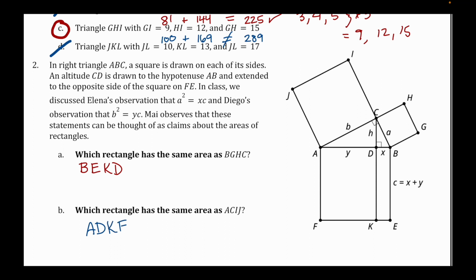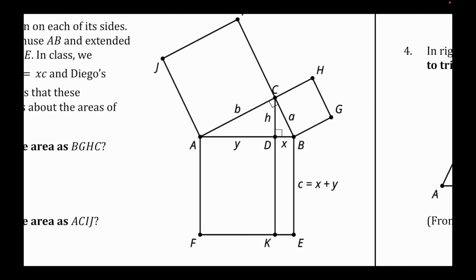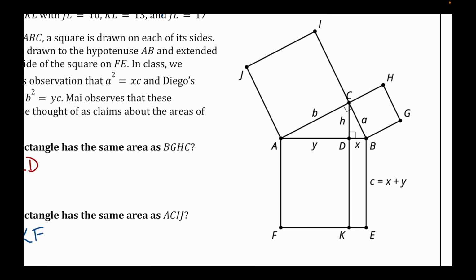Now, what is the reason that those have those letters? A squared is the same as x times c. Well, that was our first question here, a squared. And then this rectangle has the area of x times c. So if a squared is equal to x times c, that means these two areas are the same.